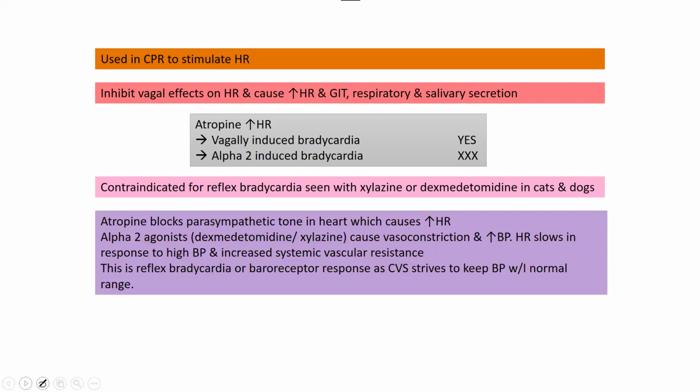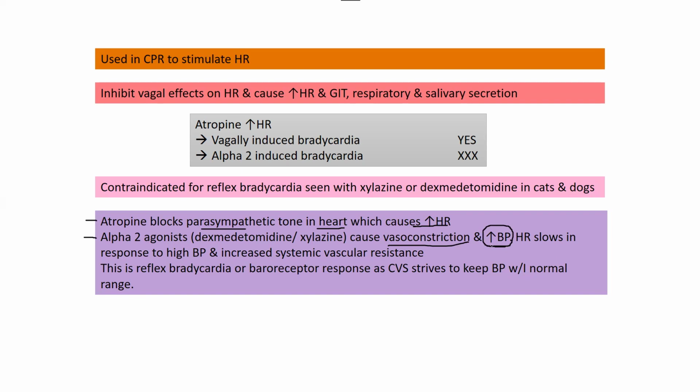Let's see the reason. Atropine blocks parasympathetic tone in the heart, which causes an increase in heart rate. But alpha 2 agonists cause vasoconstriction. This vasoconstriction will cause increased blood pressure. Basically, alpha 2 agonists increase the blood pressure by causing vasoconstriction.